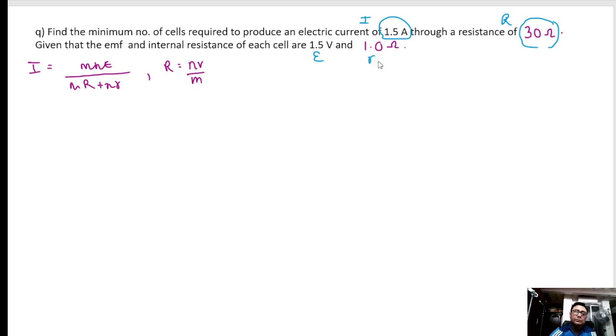Okay, so we have already done a relation. That means let n cells be in series.